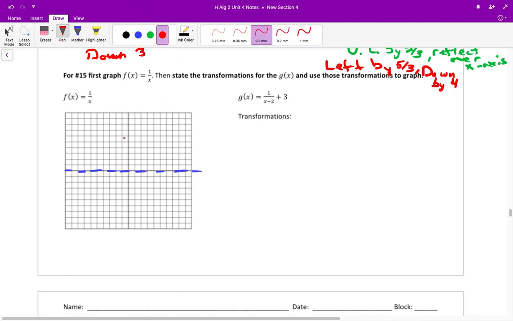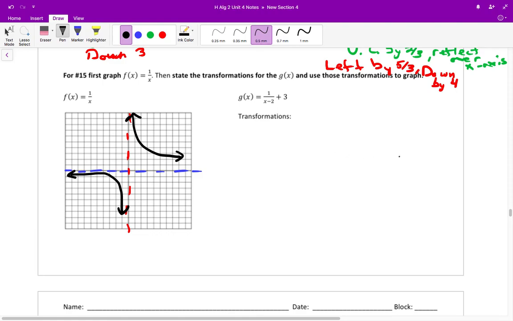Second one was through x equals 0. All right, and then as far as graphing it goes, don't forget that we had a curve going down like so, and then another curve like so.